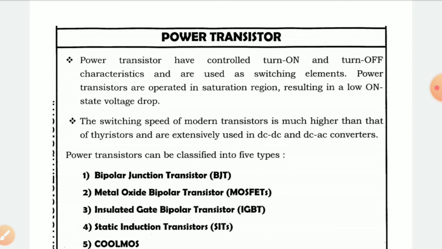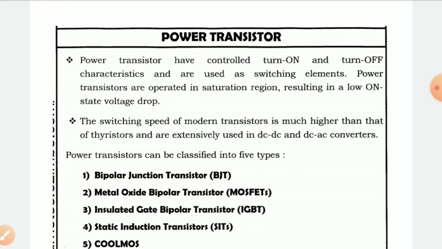The characteristics of the power MOSFET are the input characteristics, output characteristics and switching characteristics. If you understand these characteristics properly, it is easy to choose switches for the applications.